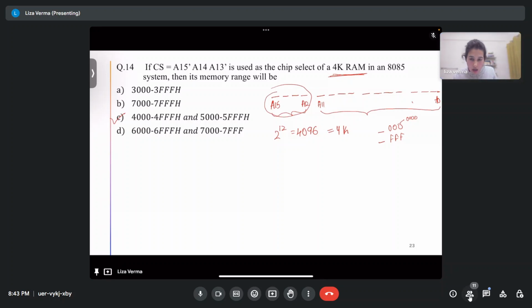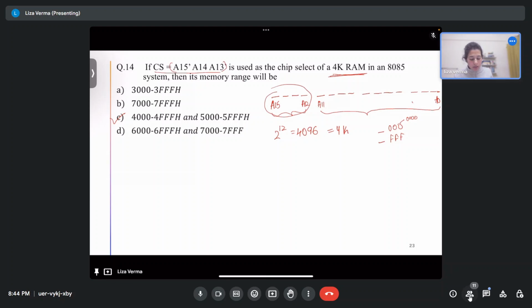So this chip select is given. Let's take this example only, then I'll take another example also.